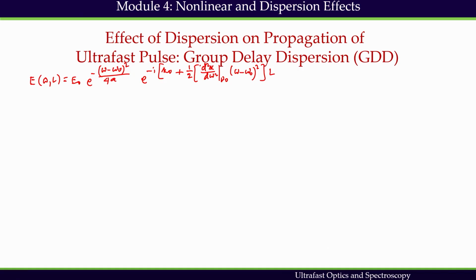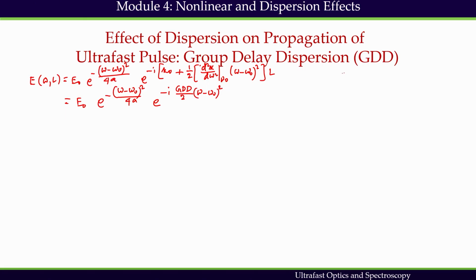Now if we simplify this, it can be written as E naught e to the power minus omega naught square by 4a, then e to the power minus i GDD, I'll explain what it means very soon, times (omega minus omega naught) whole square.